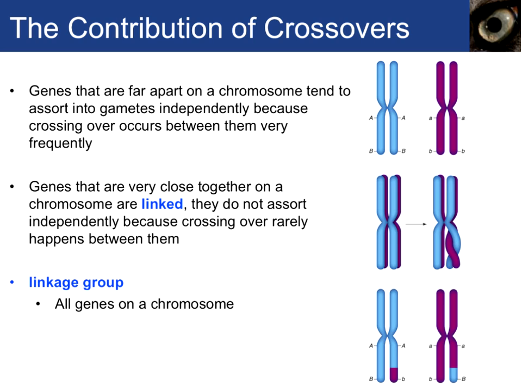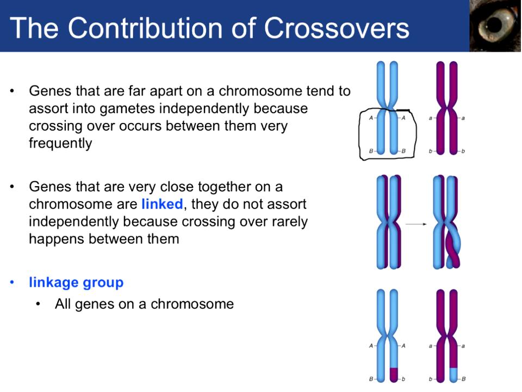So if you look at these 2 genes, A and B, right here, in order for the genes to assort independently of each other, you have to have this crossing over event between them.